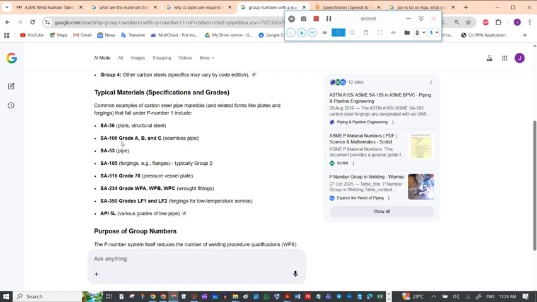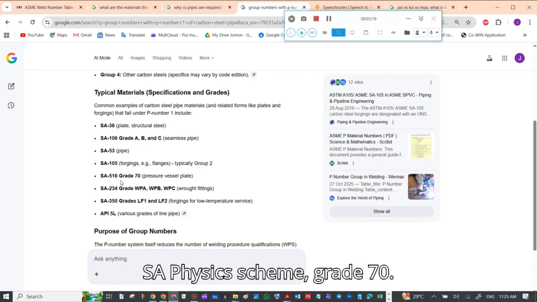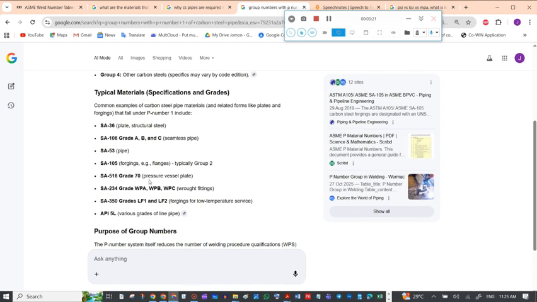SA106 grade A, B, C is for seamless pipe. SA53 is for pipe. SA105 is for forgings, flanges, etc. Typically group 2: SA516 grade 70 is also pressure vessel plate.